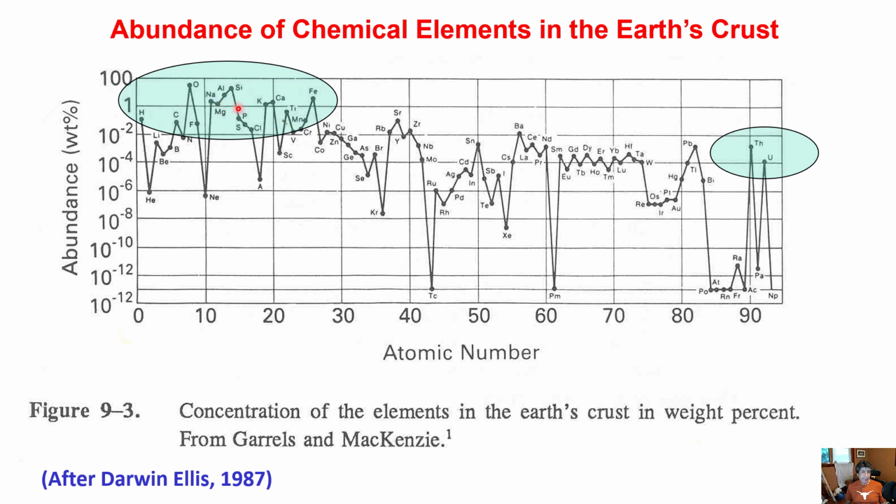The important thing about these elements is the following. Not all of them are naturally radioactive. Some of them are naturally radioactive. And even if they are naturally radioactive, not all of them have the same half-life. Of all of the ones that we have here, the radioactive elements with very long half-life are potassium, thorium, and uranium.